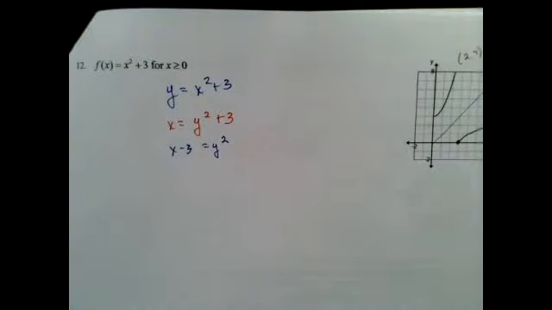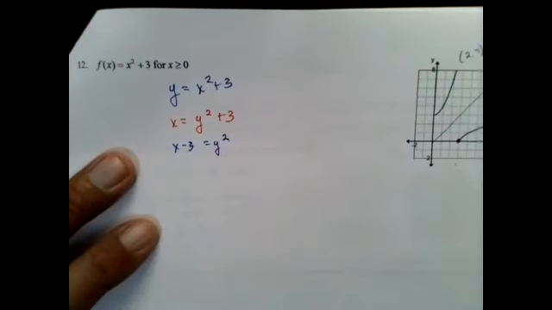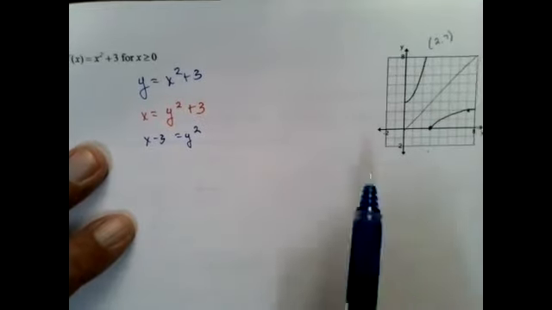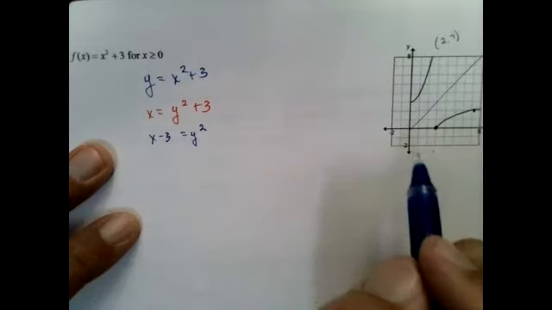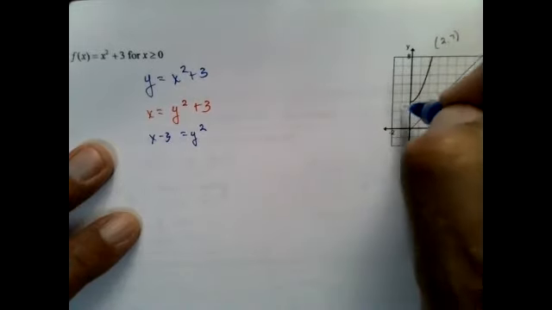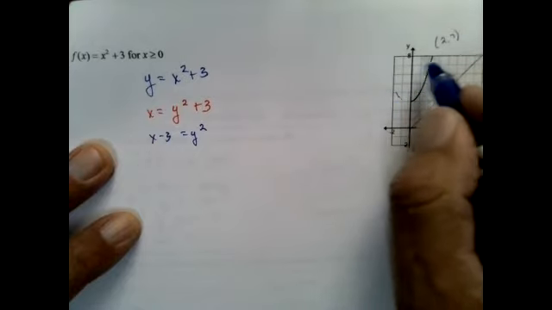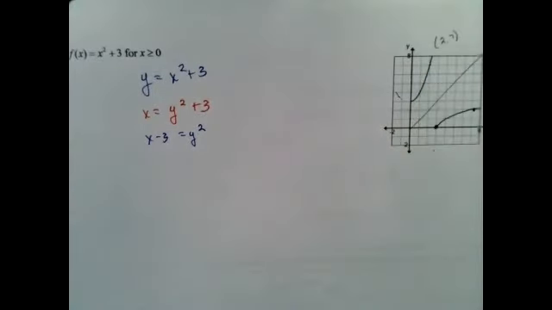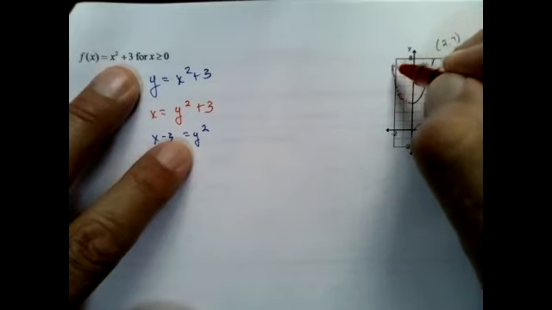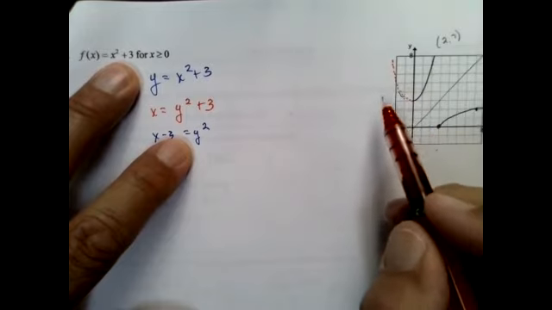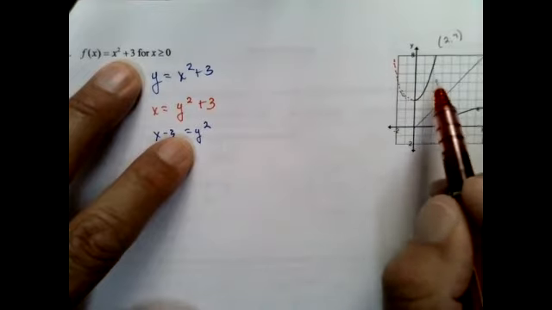Anyhow, I get that. And I'm going to take the square root. And when I take the square root, shouldn't I get plus or minus? Yeah. But looking over here, I noticed there's a restriction on the domain. Because if I didn't have one, this graph would go up like that, and it would be a function, but I couldn't take its inverse. X squared plus 3 is a function by the vertical line test, but I can't find an inverse.